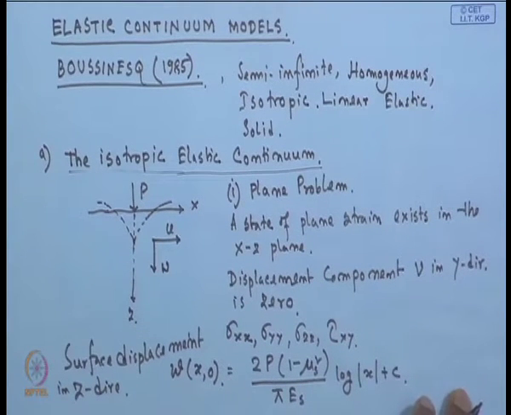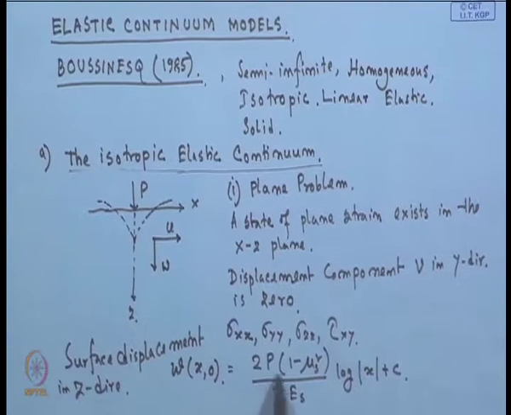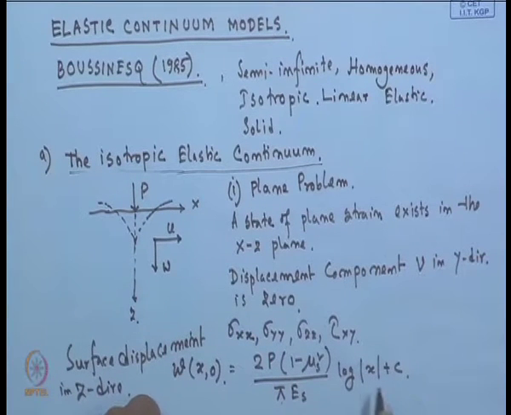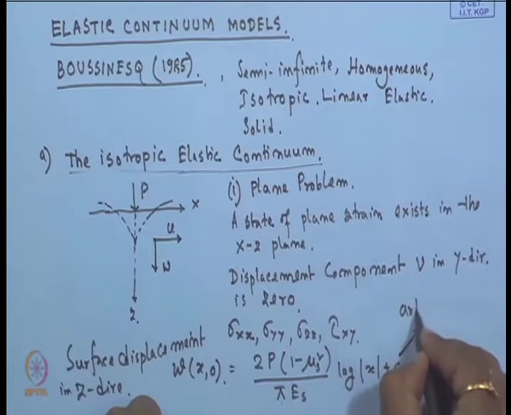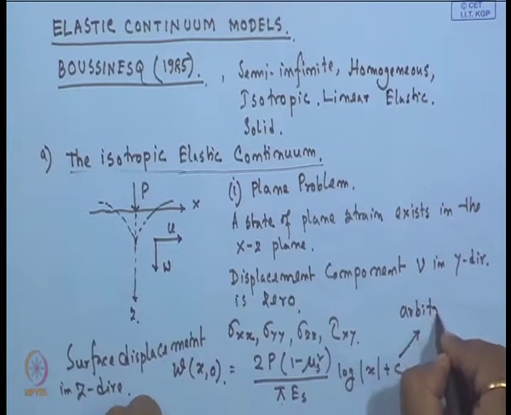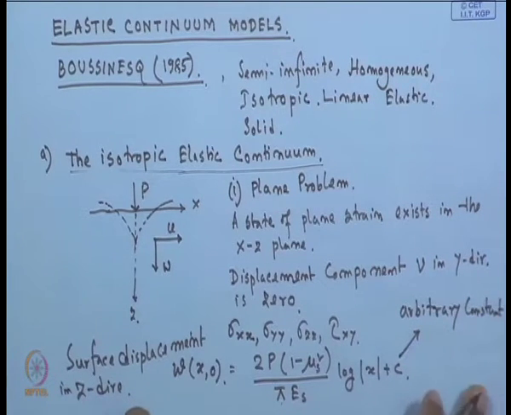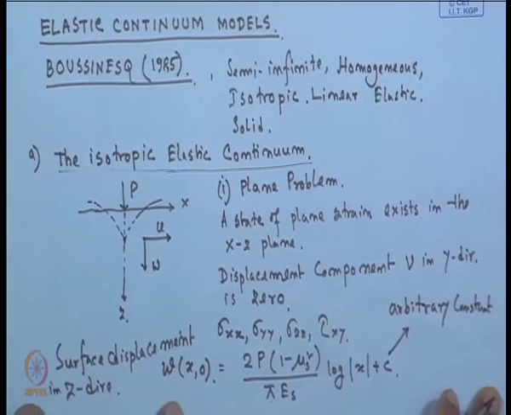So, the surface displacement in the z direction in this plane problem will be 2P(1 minus mu s squared) over pi Es, log x plus c, where c is an arbitrary constant.